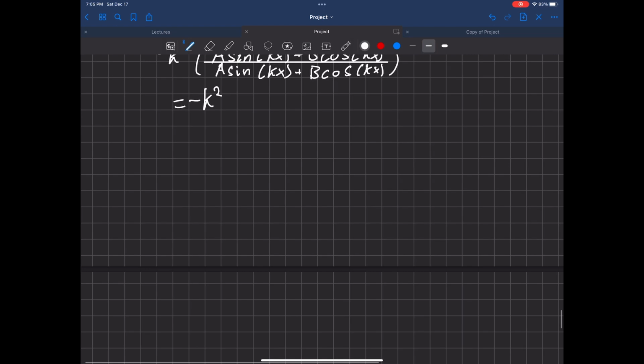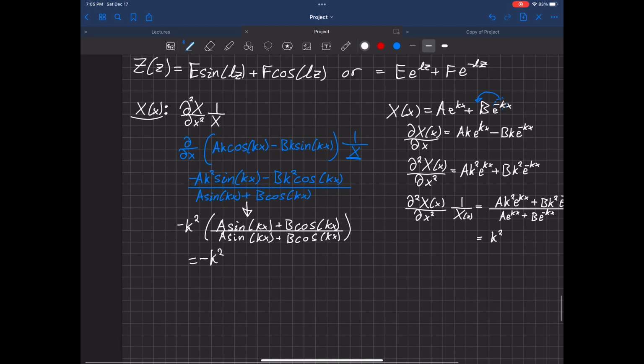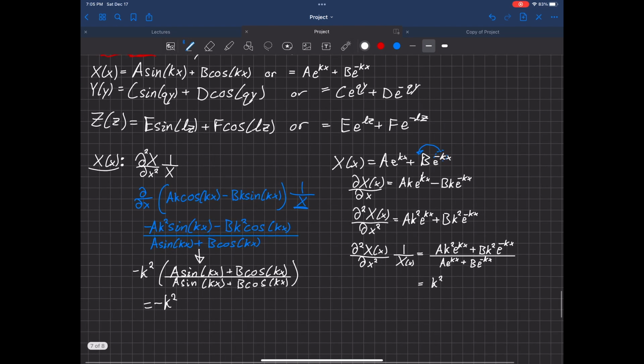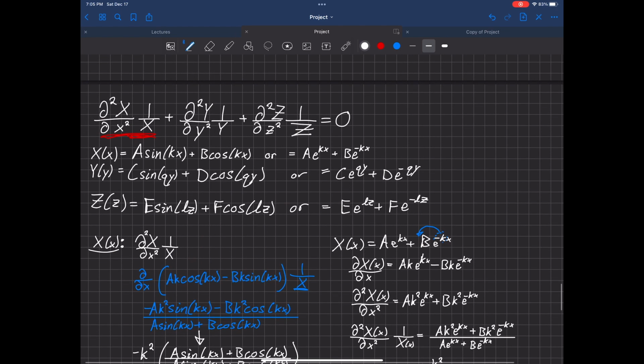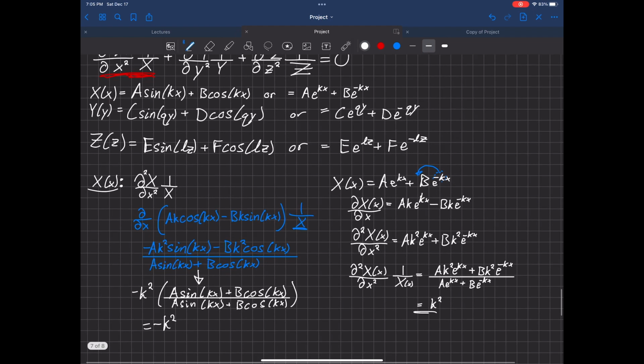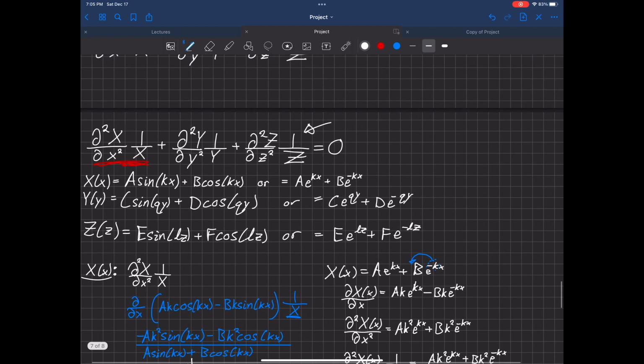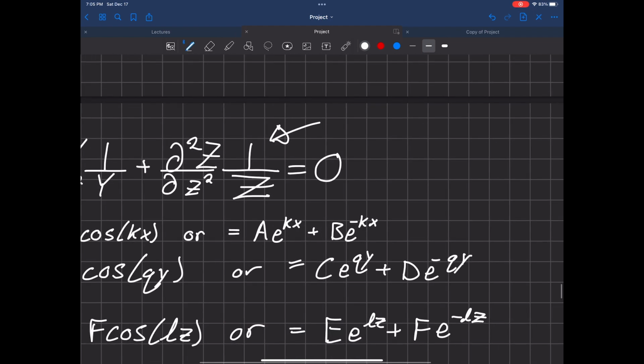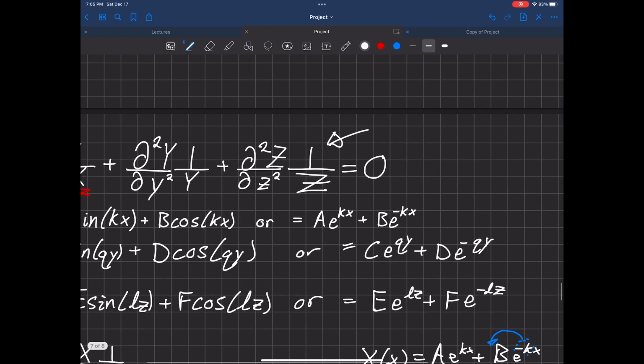What you could have is this function, that your z in this equation is going to become, as we proved here with the x's, the same thing but with your L. So if z is the sinusoidal, then you know that it's going to give negative L squared when you do this whole operation.